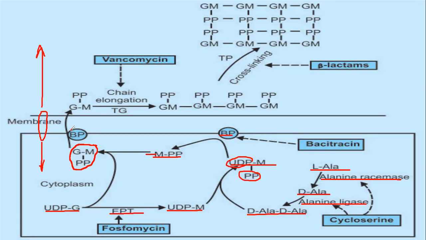These subunits have to be transported across the bacterial cell membrane so that they can be assembled to form a functional cell wall. These functional units of the bacterial cell wall, that is the N-acetylglucosamine attached to N-acetylmuramic acid, with the pentapeptide subunit attached to the N-acetylmuramic acid, have to be elongated, to be attached to each other.